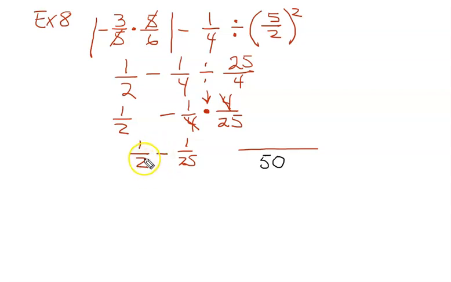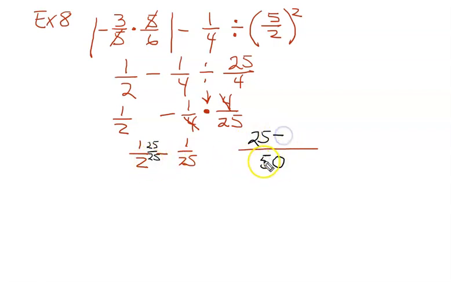So what form of 1 will I multiply 2 by to get it to be 50? Well, 25 over 25, which is a form of 1. But now my numerator becomes 25 here. My denominator is 50, which is what I'm looking for.